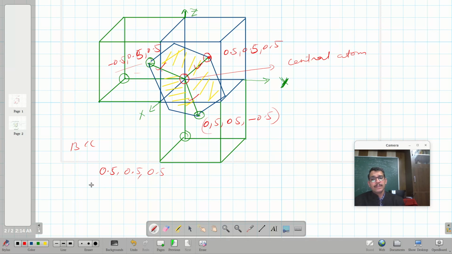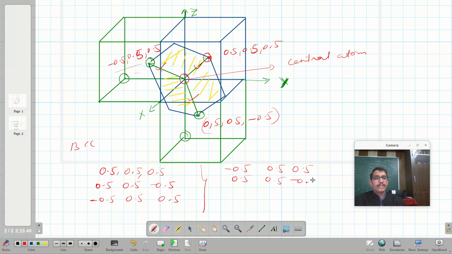So the lattice vectors of the BCC lattice are 0.5, 0.5, 0.5, then 0.5, 0.5, minus 0.5. Similarly, minus 0.5, 0.5, 0.5. And sometimes it can be written like this, this is also a possibility.